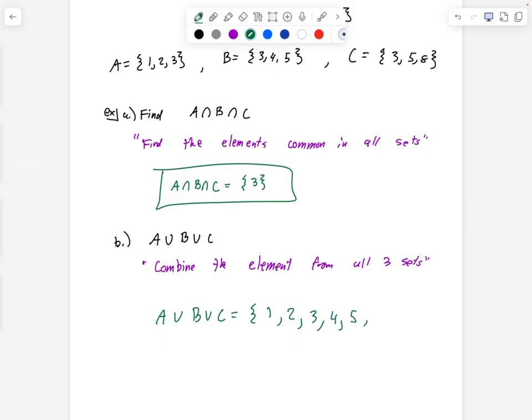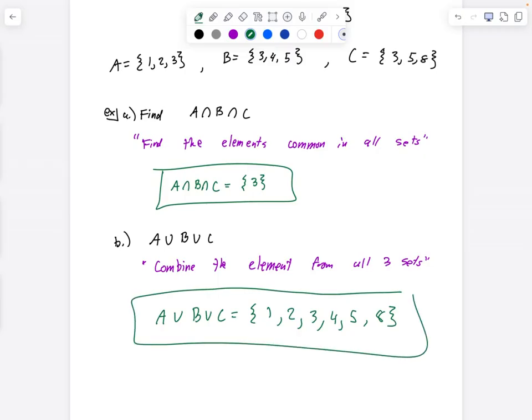And if I asked you to find A union B union C prime like this, what is it asking me to do?